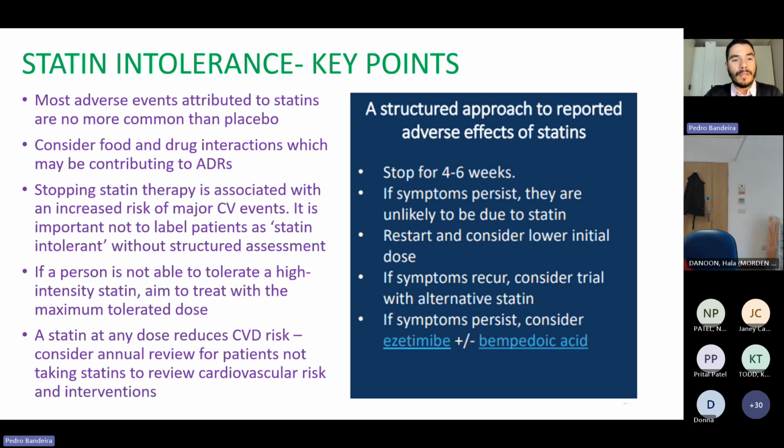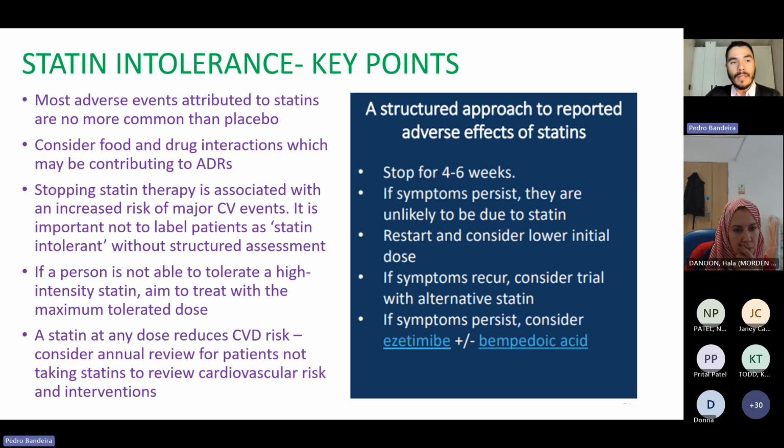Look at adverse events as a possible risk, but the adverse events attributed to statins are no more common than placebo. Stopping statins is associated with increased risk of major cardiovascular events as per clinical trial data, and it is important for primary care, especially not to label patients as statin intolerance without a structured assessment.